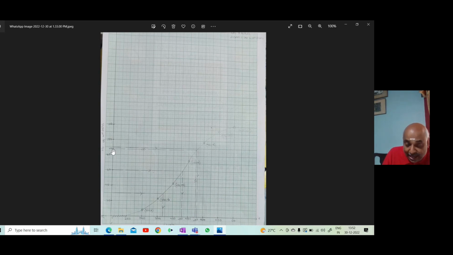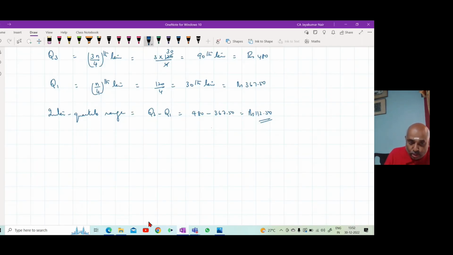So the number of workers earning less than or equal to rupees 475 is 88 workers.